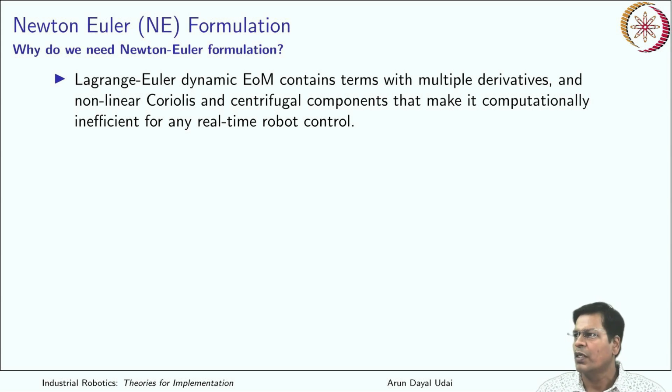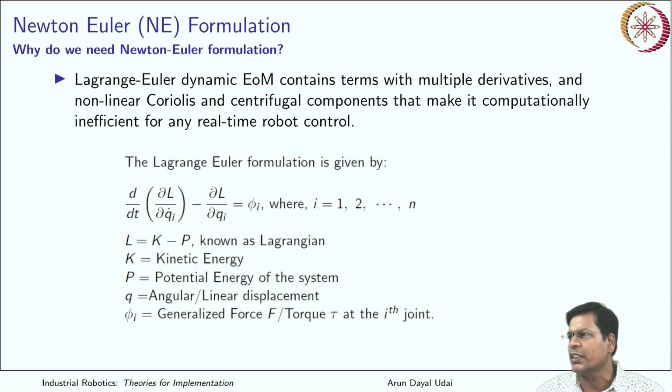The Lagrange-Euler formulation equation of motion contains terms with multiple derivatives. You saw it used partial derivatives with respect to joint velocity, as well as with respect to time. We also used a partial derivative with respect to joint angle.